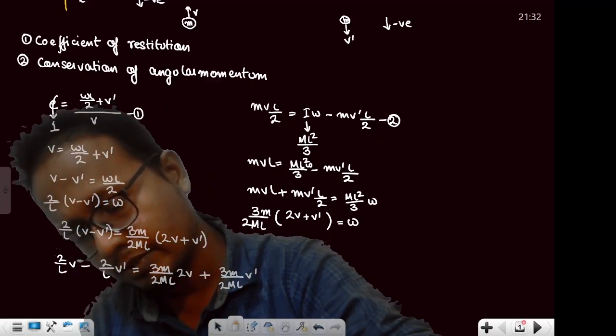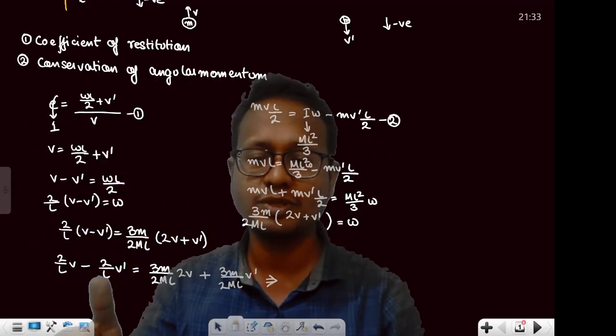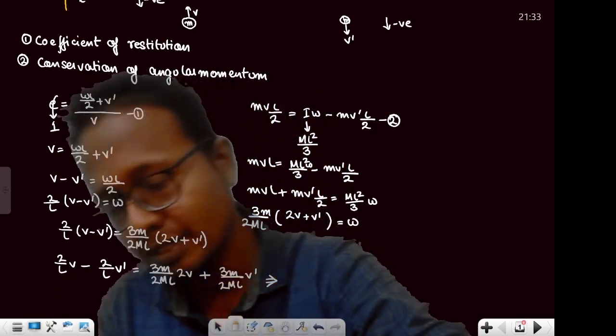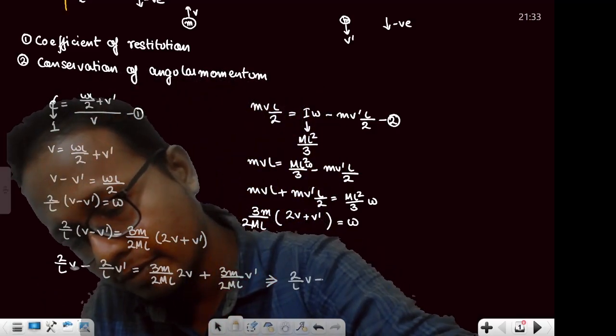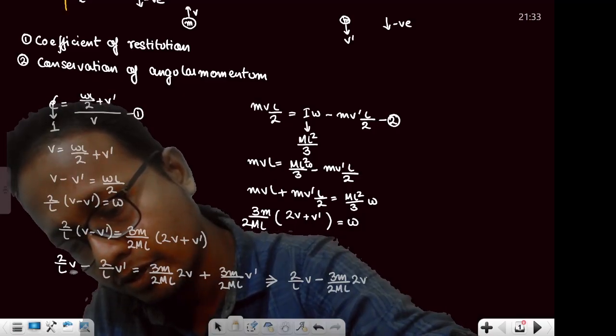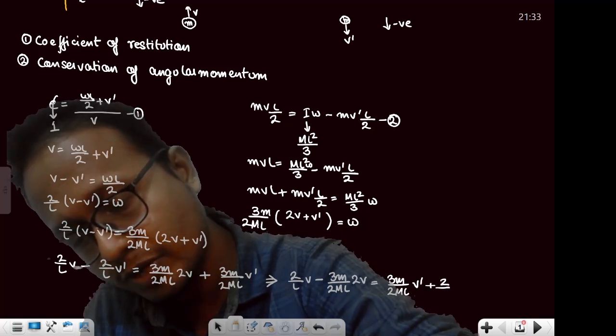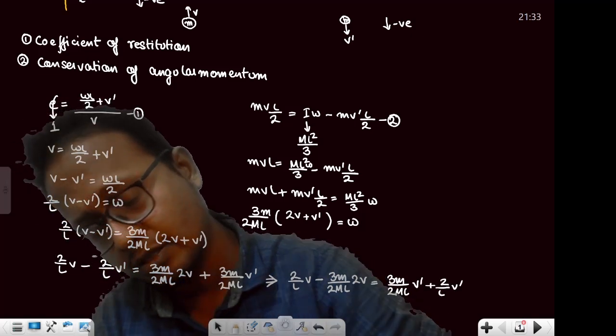Okay, I'm just taking this v dash term to the right hand side and bringing this term to the left hand side. So 2 by L v minus 3m by 2 ML into 2v is equal to 3m by 2 capital ML v dash plus 2 by L v dash.